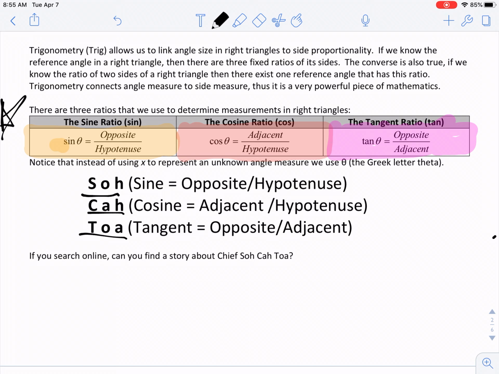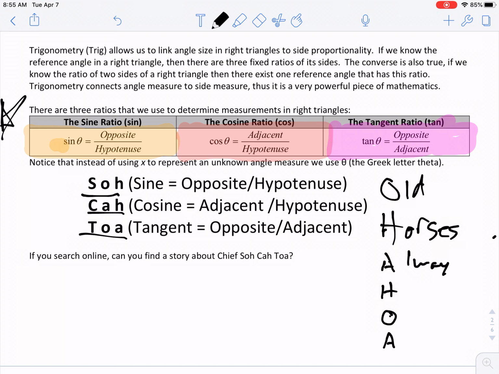If we have OH for sine, so you got to remember sine was first, and you have cosine, that's second, so that's A and H, and tangent is opposite over adjacent, so you got to remember we went sine, cosine, tangent, but you have: Old horses always have old apples.